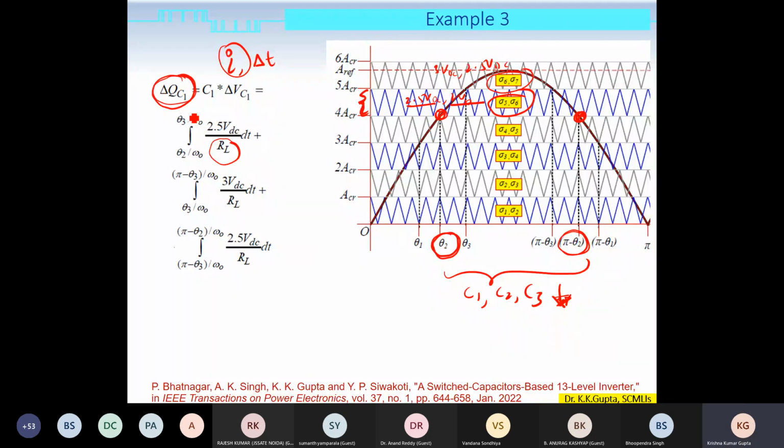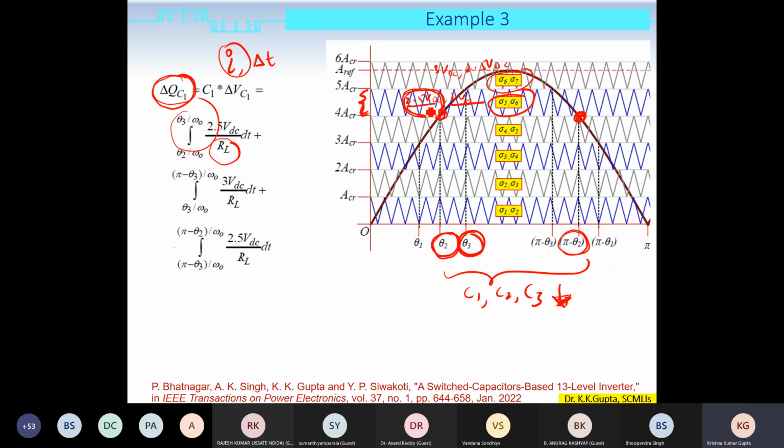Okay, so from theta 2 to theta 3, this duration, this is a PWM waveform, right? The waveform is PWM. That is why we have broken down this integral into a number of integrals with different limits. So from theta 2 to theta 3, there are two voltages, 2.5 to 2. But amongst these, what is the worst? 2.5 VDC is the worst. Why?